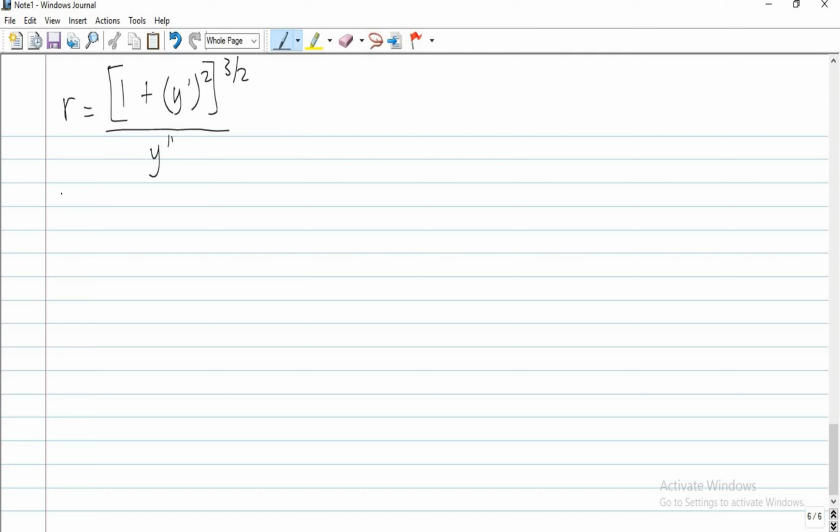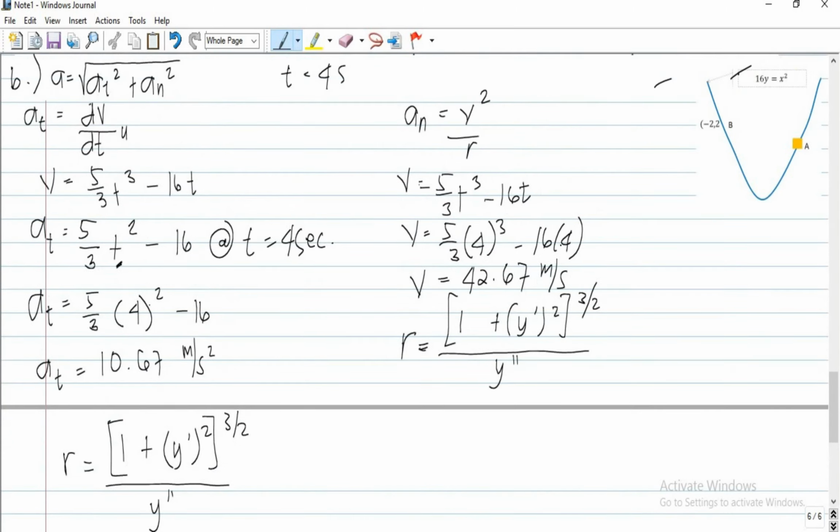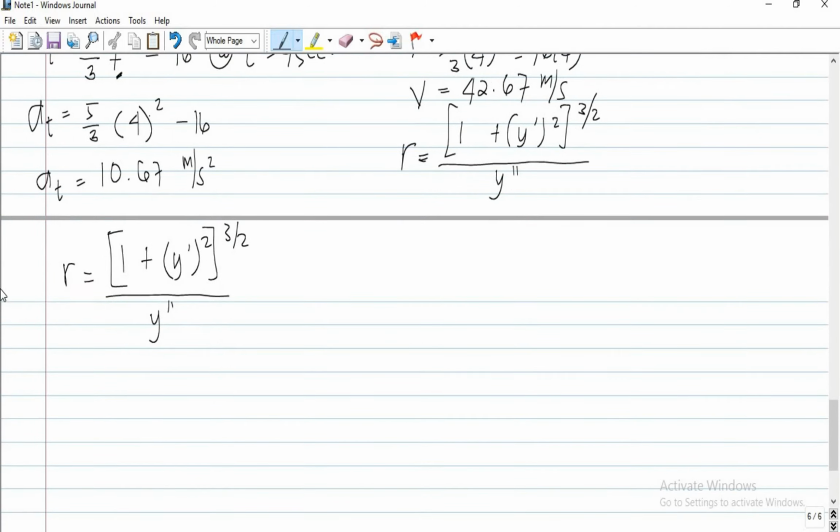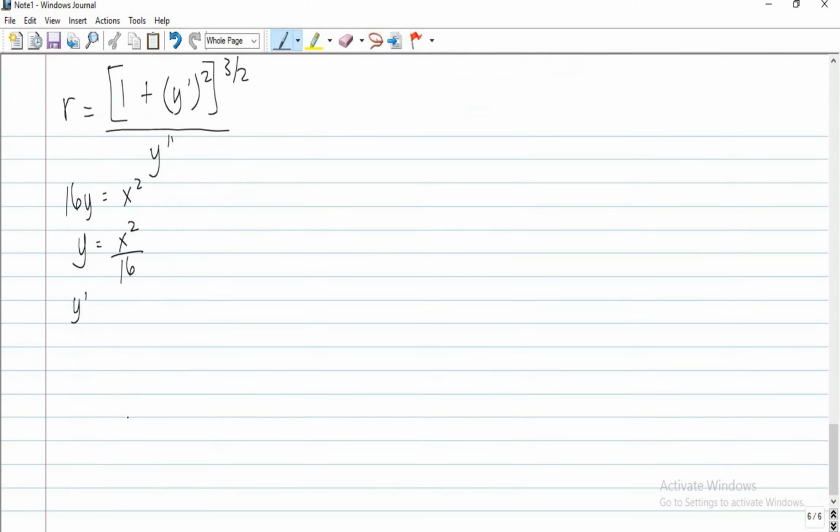Given yung equation ng parabola is 16y is equal to x squared. So, pag kukunin ko si y, that is equal to x squared over 16. Now, the first derivative of x squared over 16, since constant, yung 1 over 16, ilalabas ko siya. Derivative of x squared is 2x, right?